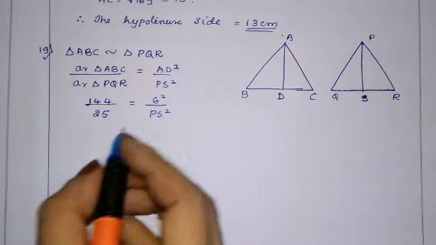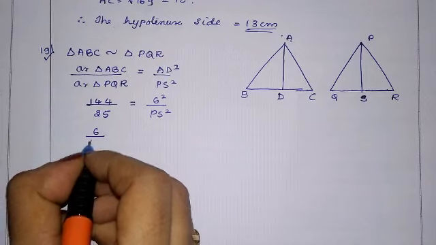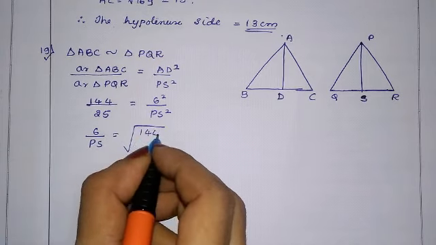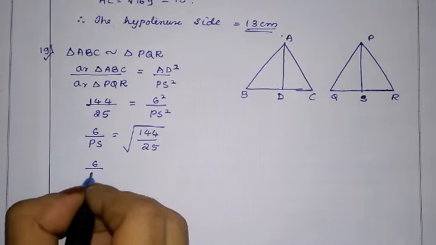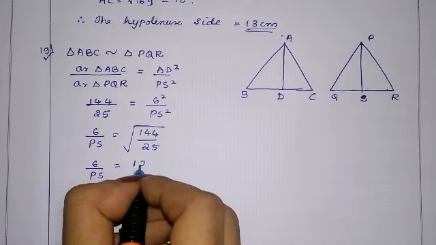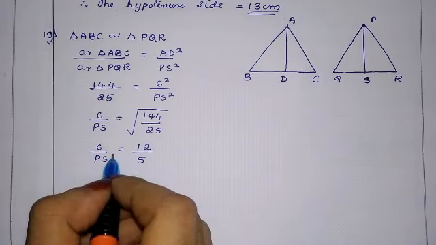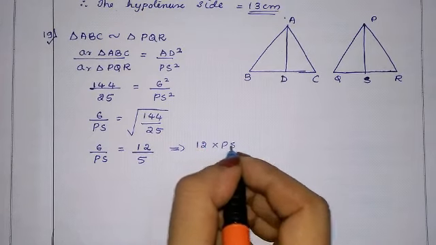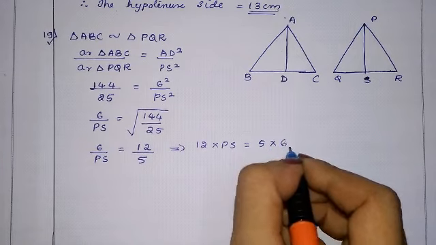Now the square we will take on the other side: 6 upon PS. This square becomes root 144 upon 25 on this side. 6 upon PS is equal to root 144, which is 12, upon root 25, which is 5. Now cross multiply. 12 into PS is equal to 5 into 6.